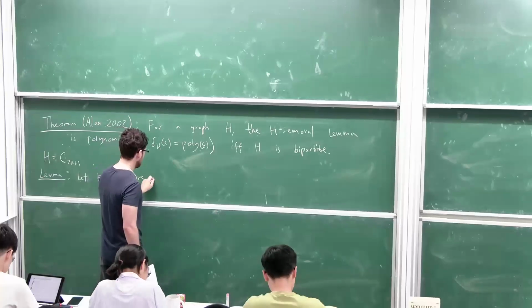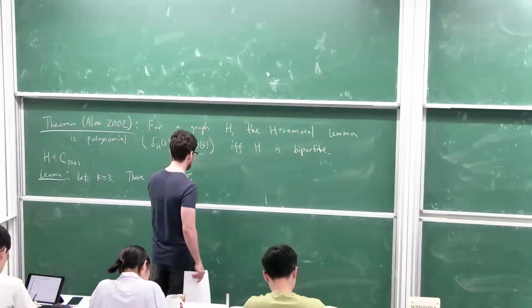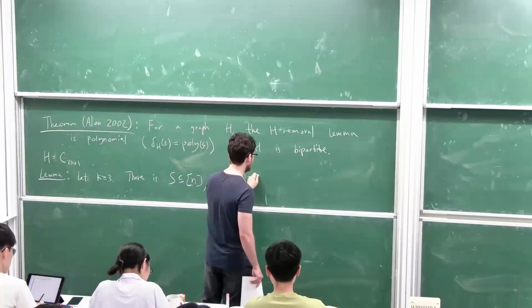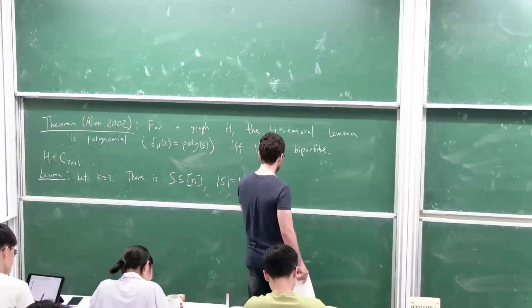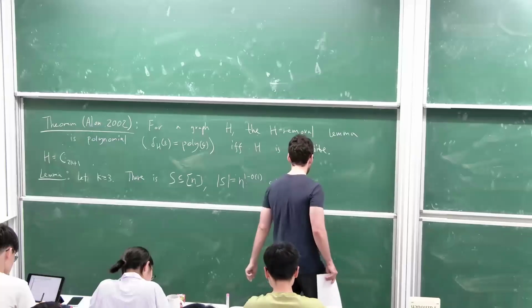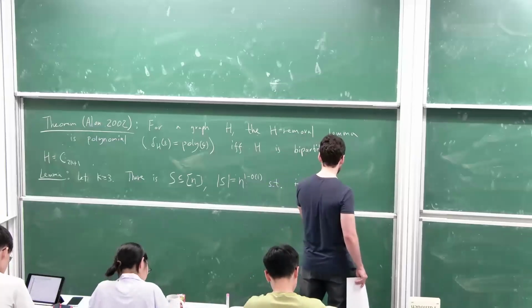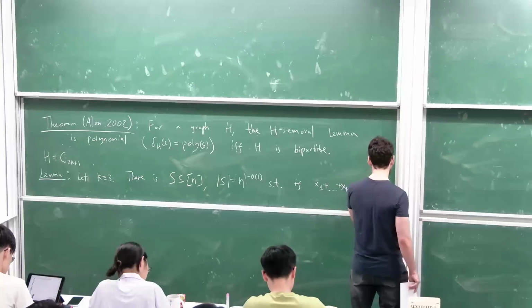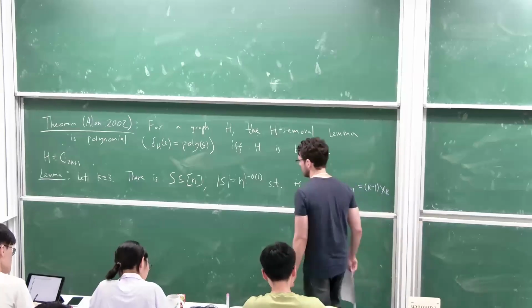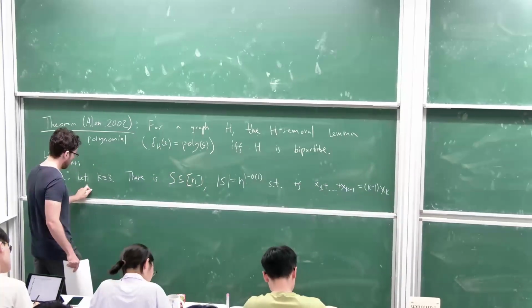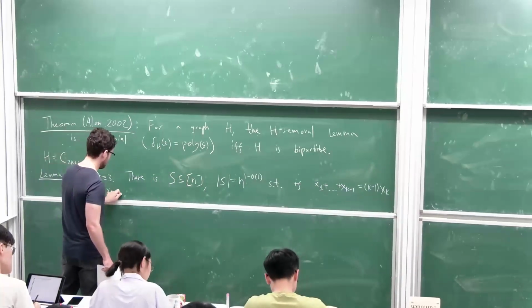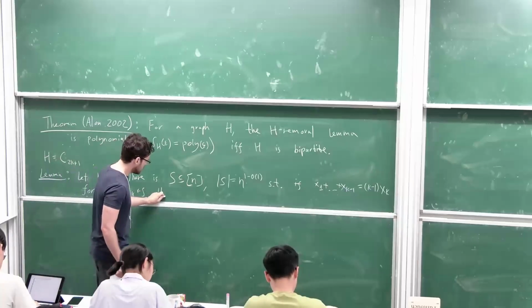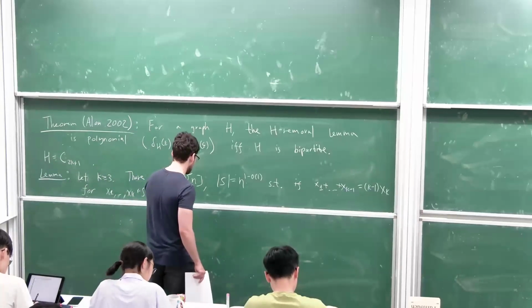There is a subset S of 1 up to n, which is quite big, so it has size n to the 1 minus o(1), such that if x1 plus up to x(k-1) is equal to (k-1) times xk, with x1 to xk belonging to the set S, then this is only possible if all the x's are equal.